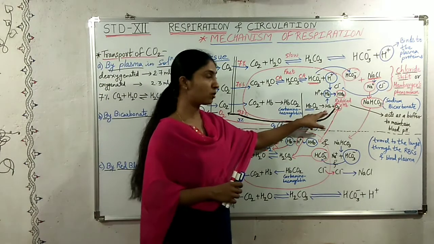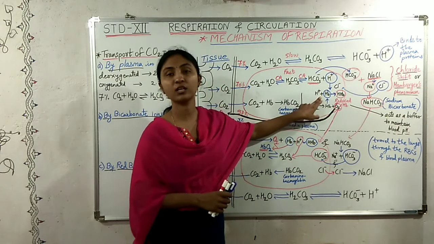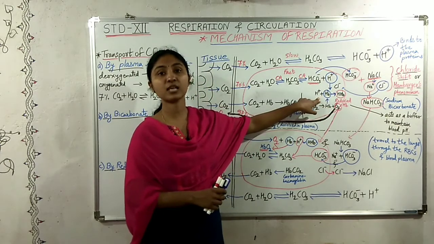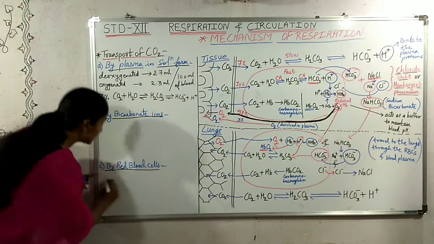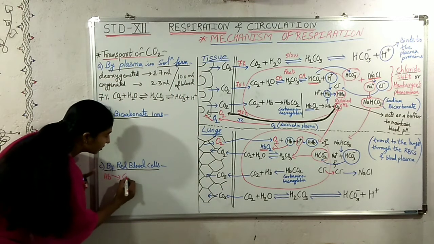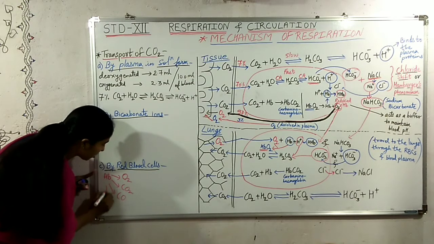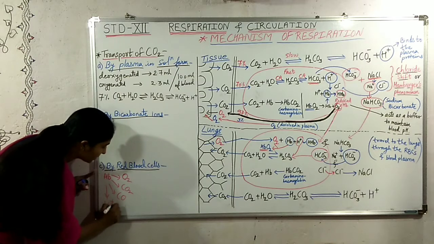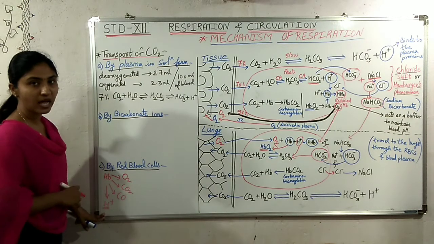Now this hemoglobin which is left, it combines with the H plus ions, hydrogen ions. As we have seen, hemoglobin can combine with oxygen, with carbon dioxide, with carbon monoxide, and it also combines with H plus ions. It has affinity for H plus ions also.